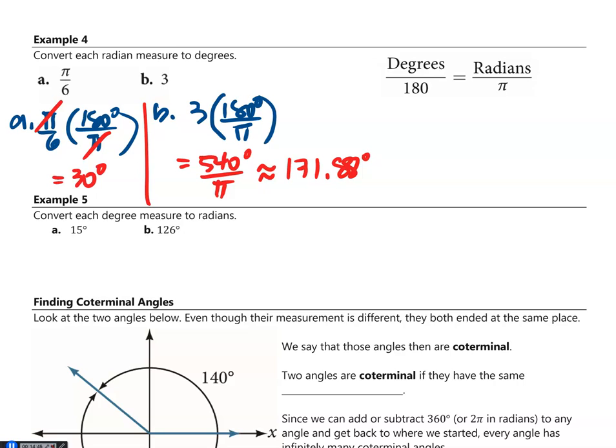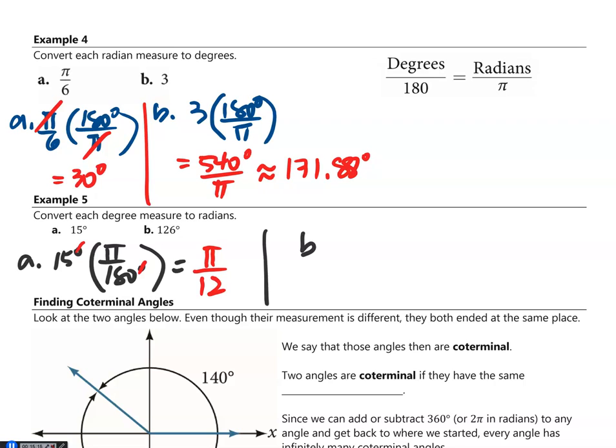Okay. Example 5, convert each degree measure to radians. So A, 15 degrees, multiply this by pi over 180 degrees. And 15 over 180, that is 1/12. So the answer is pi over 12. Letter B, 126 degrees.